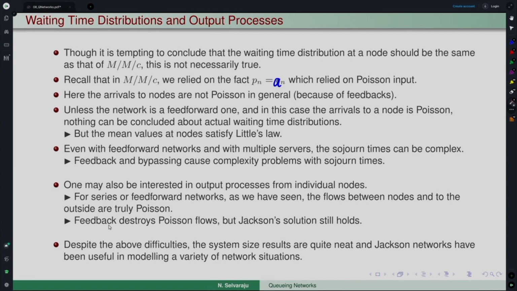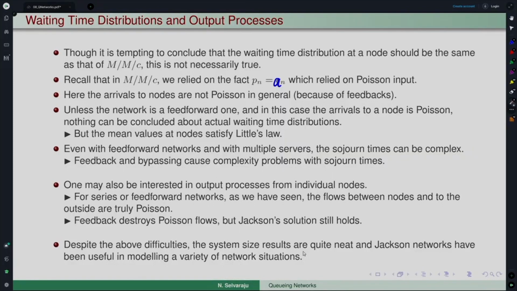Despite these two drawbacks with respect to waiting time distribution and output processes, the Jackson network is still quite popular and used, because as you have seen, the system size results are quite neat and clean.